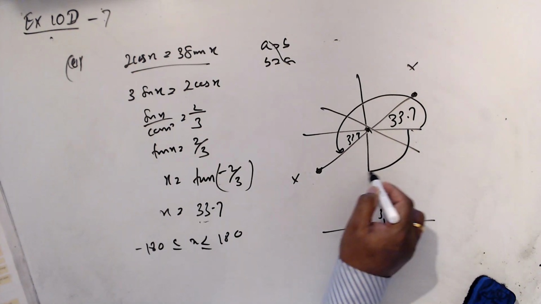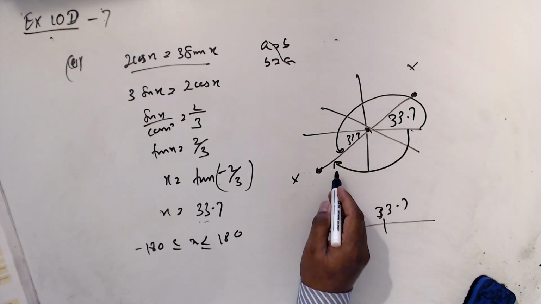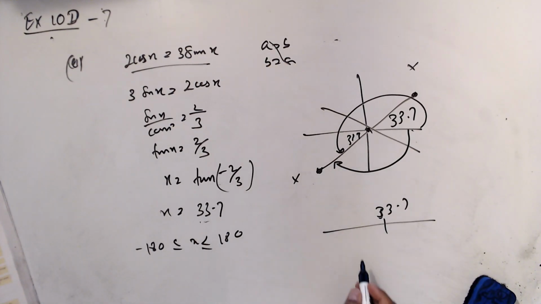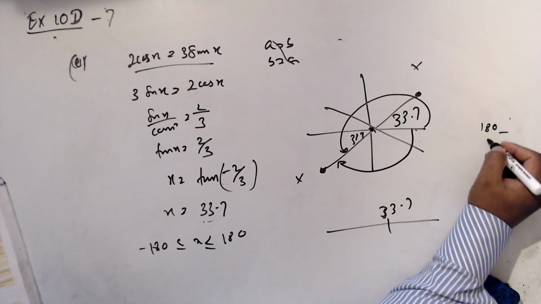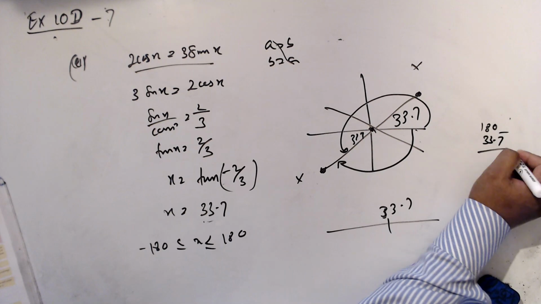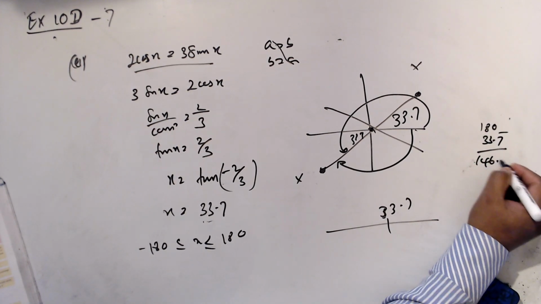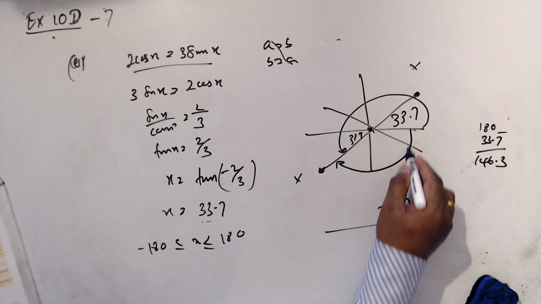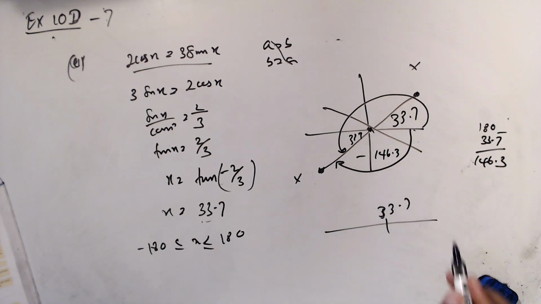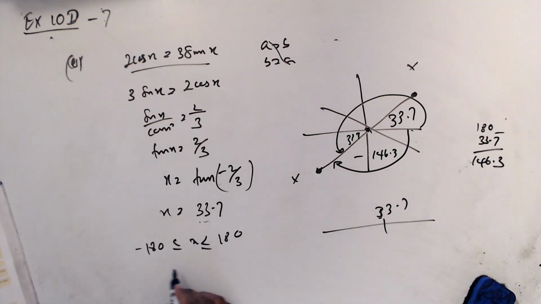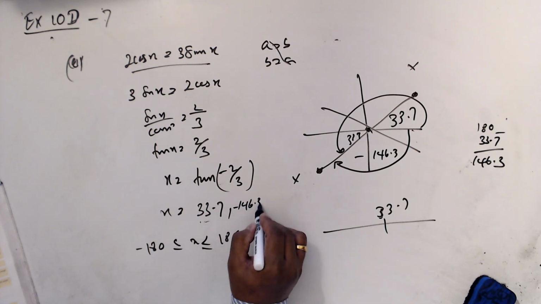The other way around. 180, so the angle size is 180 minus 33.7, which is minus 146.3, and since it comes in this direction, it is minus 146.3. The other answer is minus 146.3.